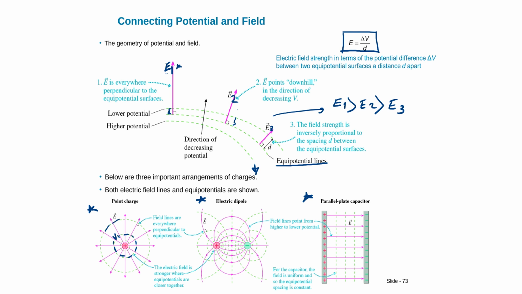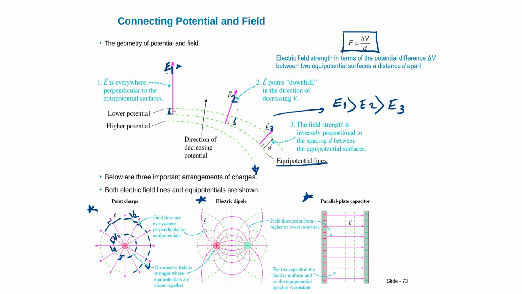If I call the other one V2, all along this line is equipotential, so potential is all equal. An electric field is perpendicular to those lines everywhere. This helps us draw electric field lines knowing only equipotential lines and vice versa.